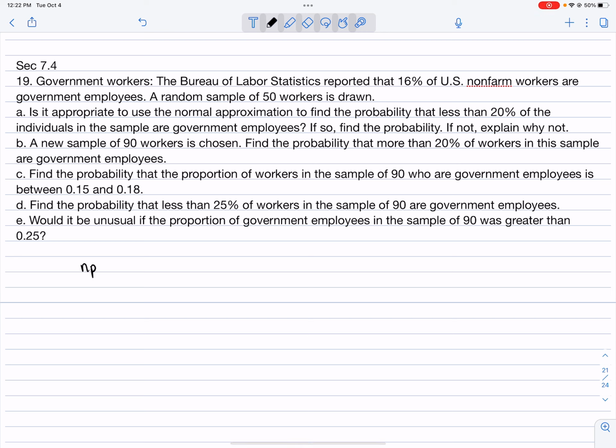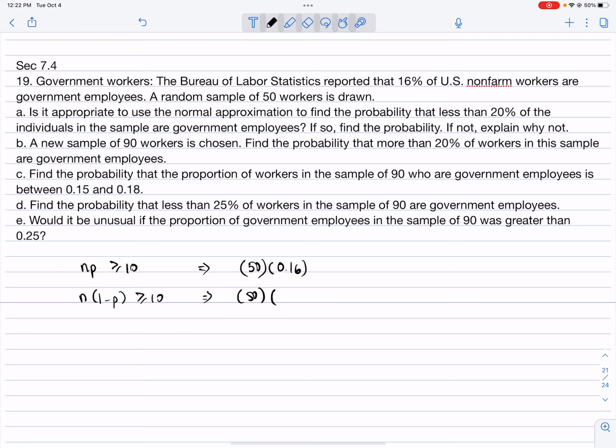The first one is np has to be greater than or equal to 10, and n times 1 minus p is greater than or equal to 10. Now let's plug in the numbers. So we have n is 50 and p is 0.16.